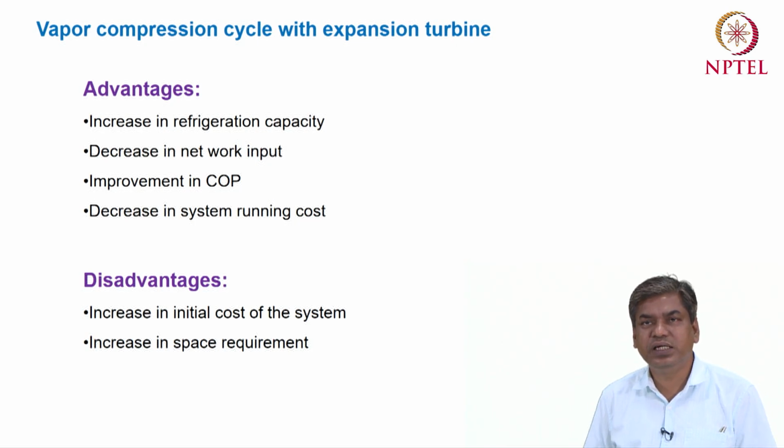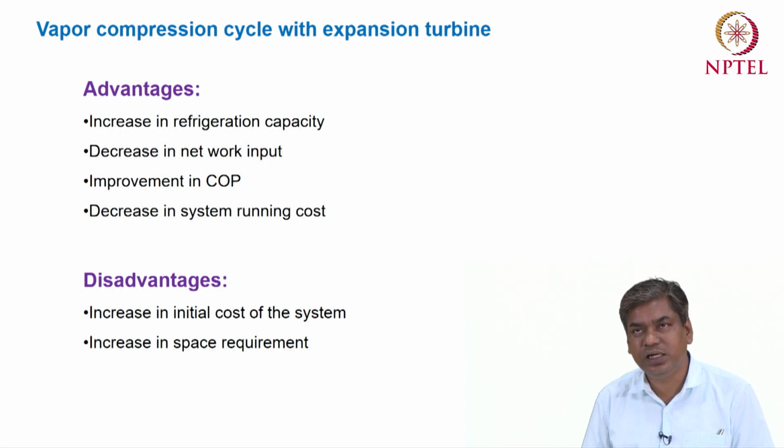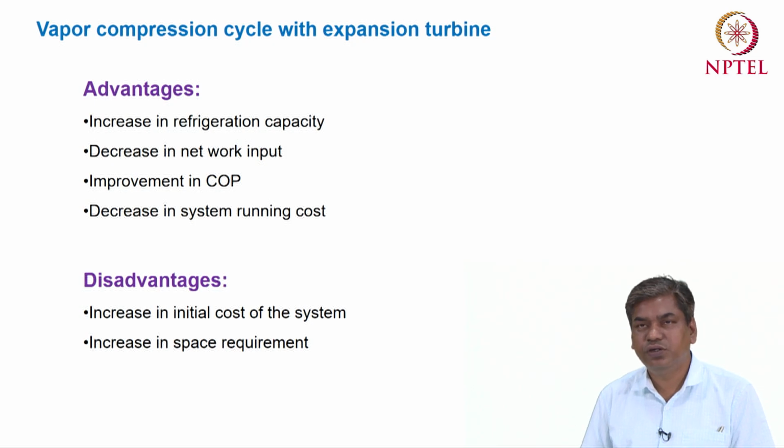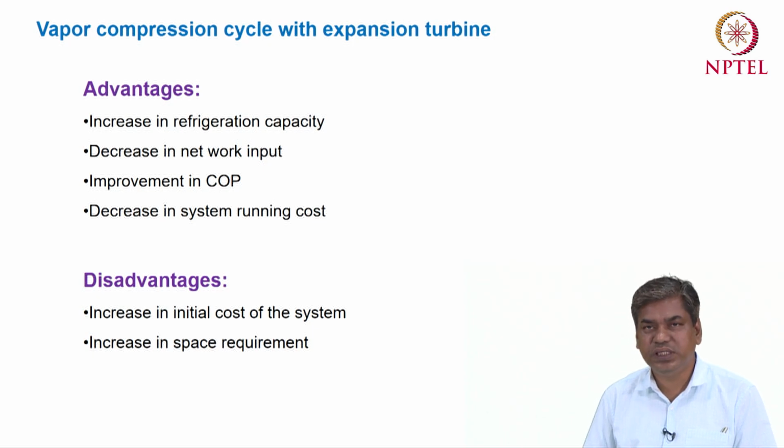First, there is an increase of refrigeration capacity, which we have already seen, that by using the expansion turbine, the refrigeration or cooling capacity will increase, and a decrease of net work input, which we have also seen from the numerical values, that the net work input required will be decreased by using the expansion turbine. So this ultimately leads to the improvement of the COP of the system.